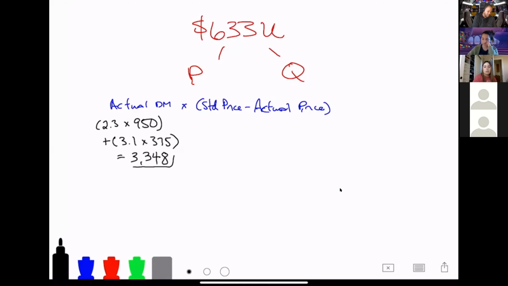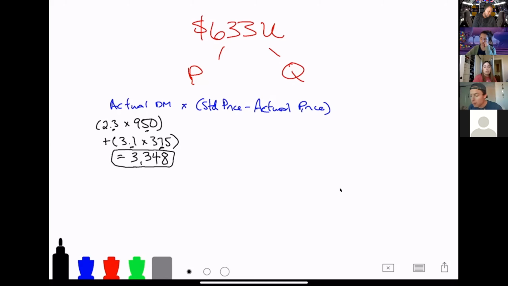This 3,348 is the actual direct materials. And the way you get there is you look at actual wheels used times the total number of bikes, plus the actual wheels used for the tricycles times the total number of tricycles.